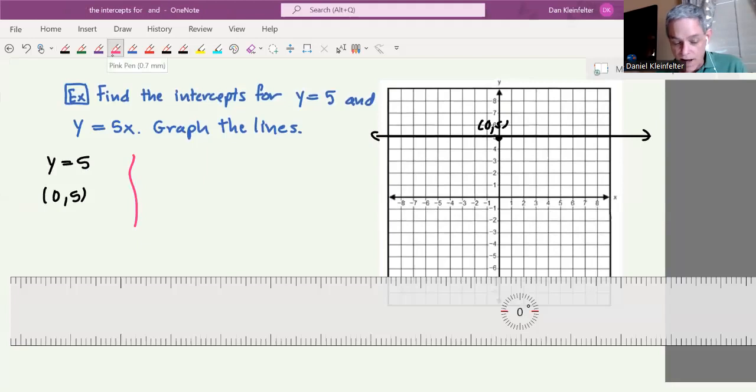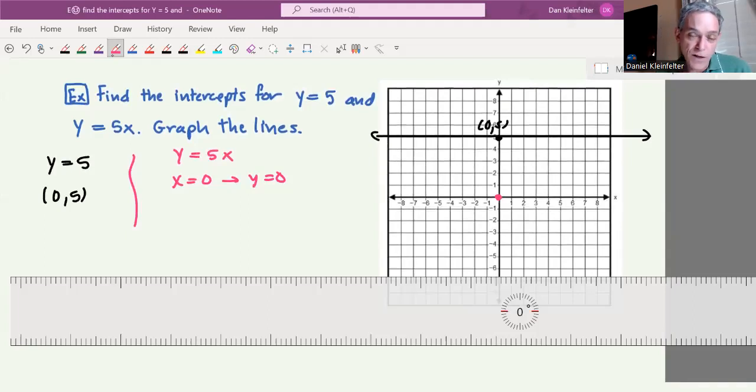Okay, next we'll take y equals 5x. For this one, when x is 0, that's going to imply that y is 0 also. This one passes through the origin, so its x-intercept and y-intercept are the same. They're both the point at the origin. So for that reason, we need some other extra point in order to graph.